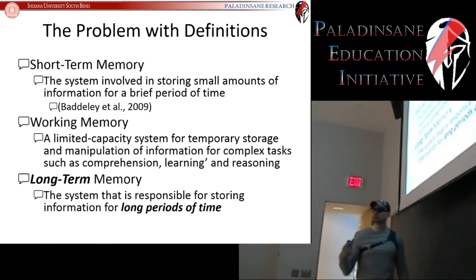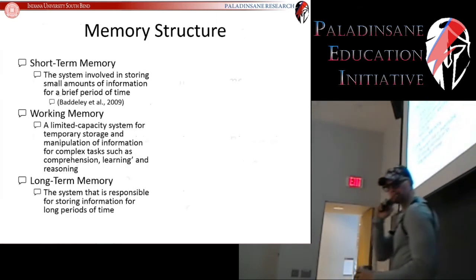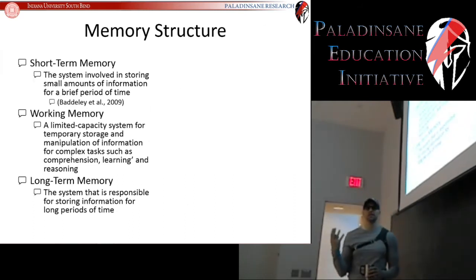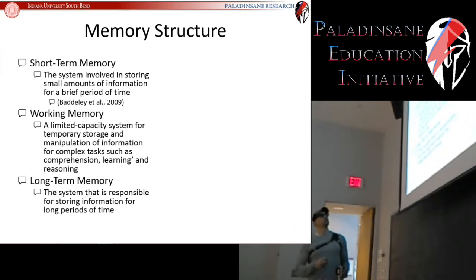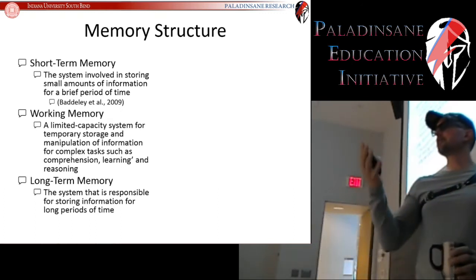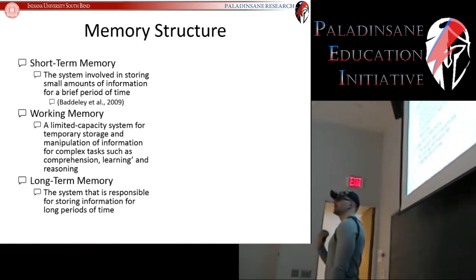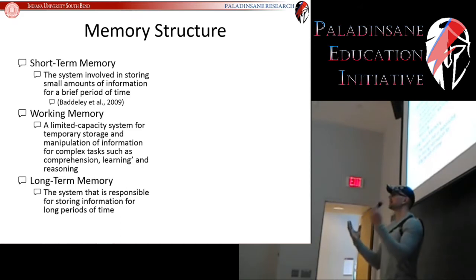It's another kind of circular definition. So this is the case with these types of definitions, and this is the reason why memory structure is vitally important. Because if you have different modes of memory, if they're actually real things, then there has to be different structures underlying them.